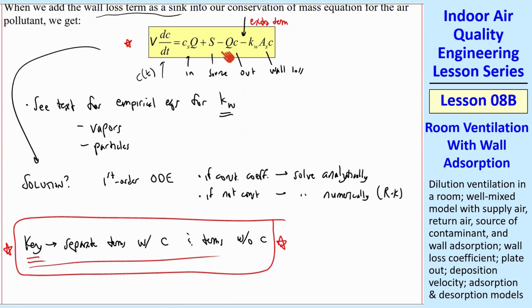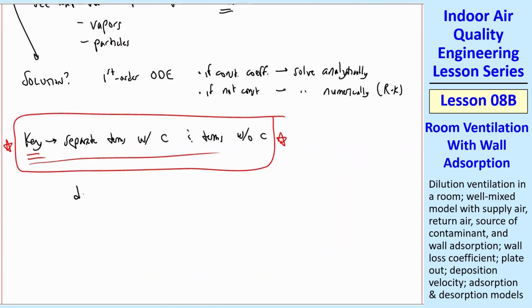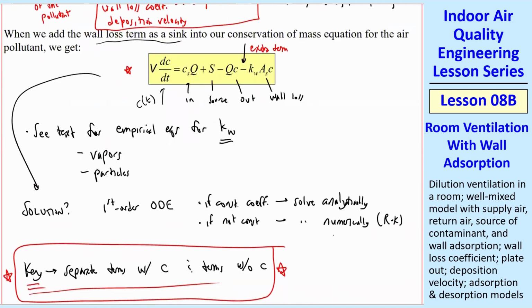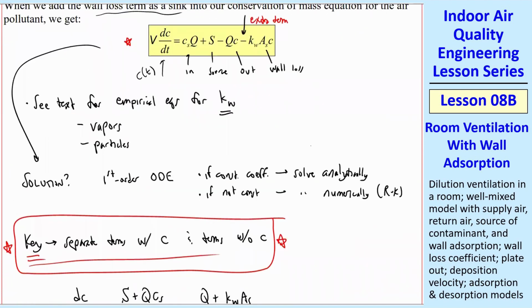S doesn't have a C in it, but this one does and this one does. I'm going to divide through by V, also the volume. So dC/dt is equal to (S plus Q CS)/V minus (Q plus KW AS)/V, and that's all times C. So it's the same equation. I divide it by V and I just regroup things.